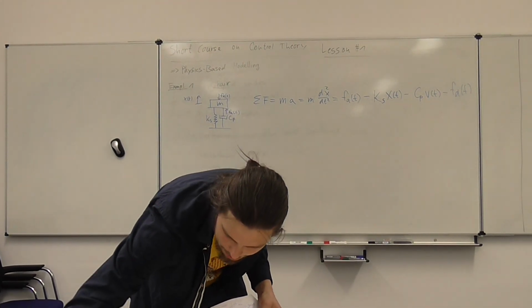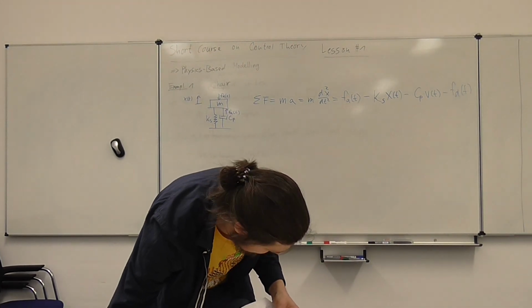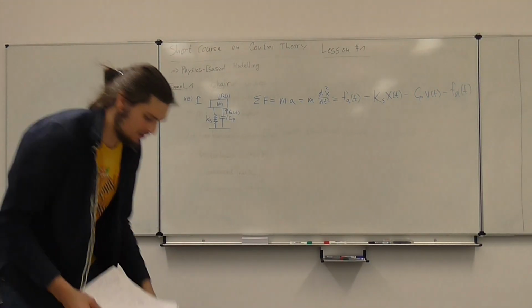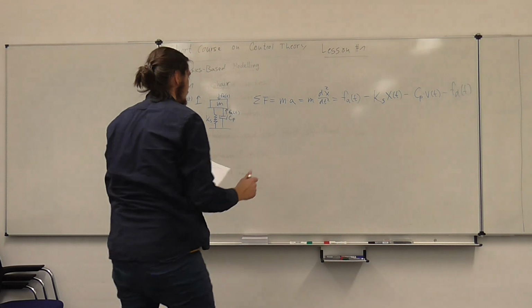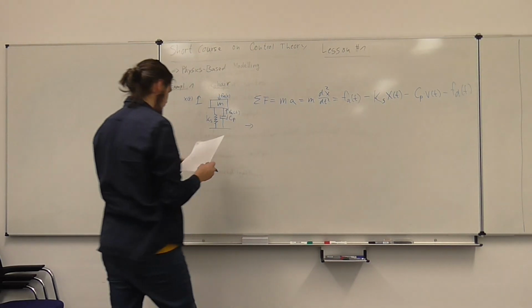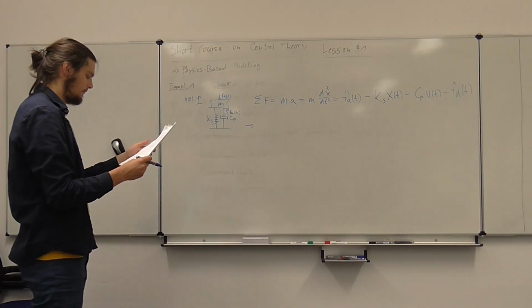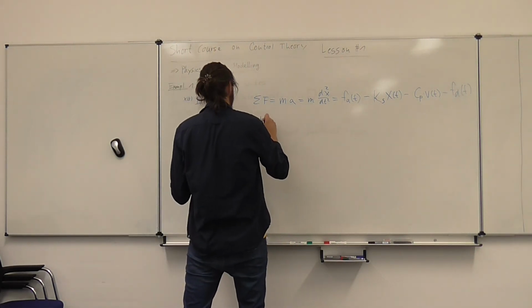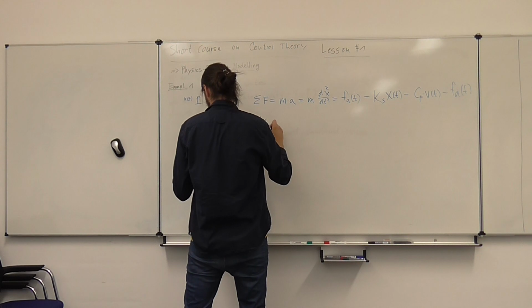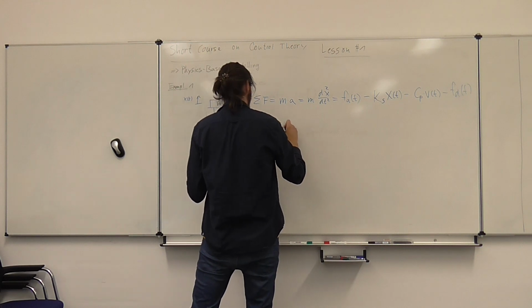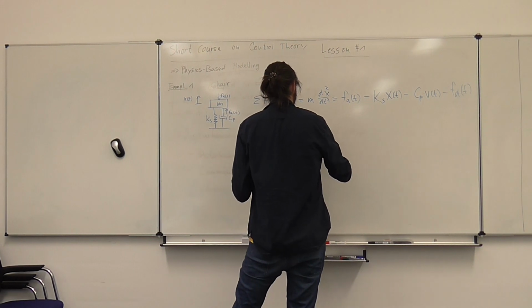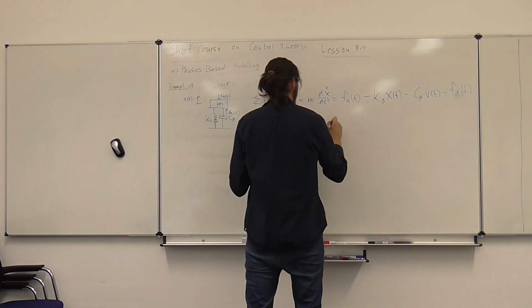The state space format would be to put this in terms of the derivative. So we would basically first of all say that dx/dt is our v(t), and then we could put this into the format of the derivative of the state.